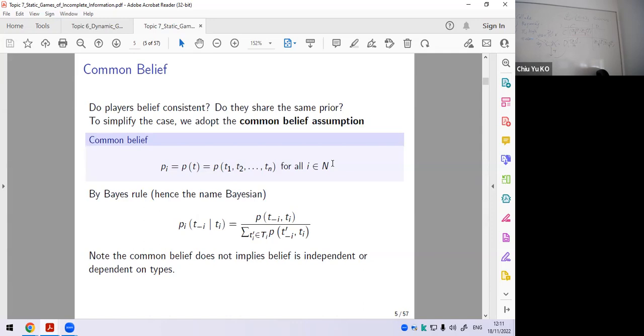And it can be the other way around: if I'm low cost, the other guy can be high. It's also possible. It can be dependent. So you can use Bayes' rule to derive, if I am this type, what's the probability of the other type. So the common prior means that the joint probability is the same for everyone.